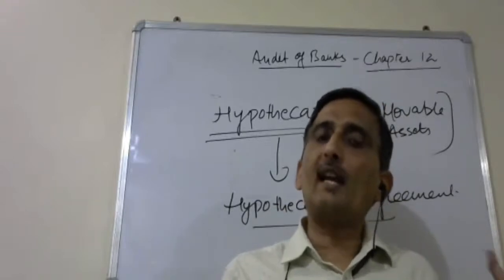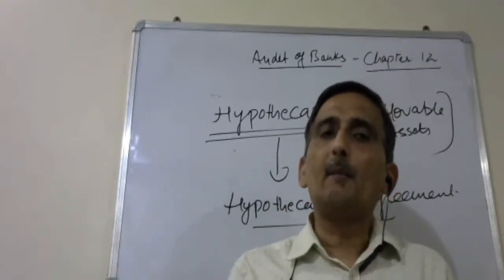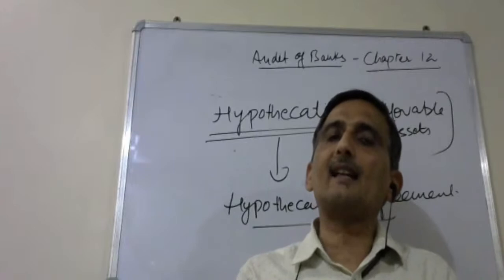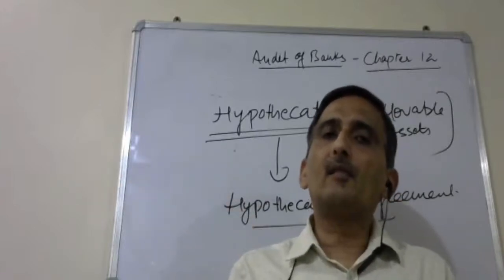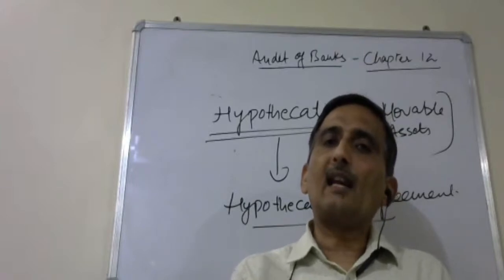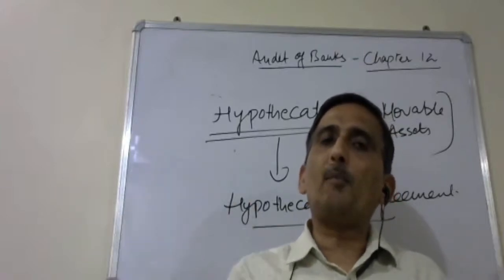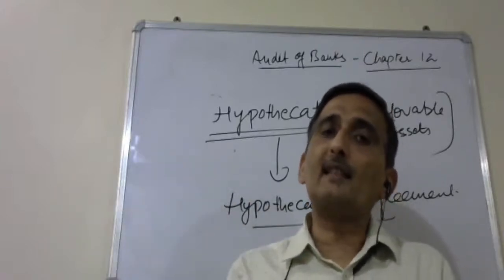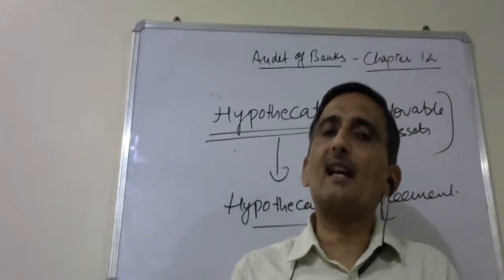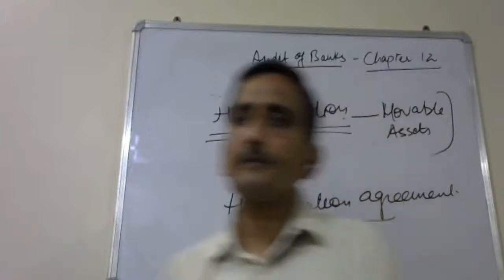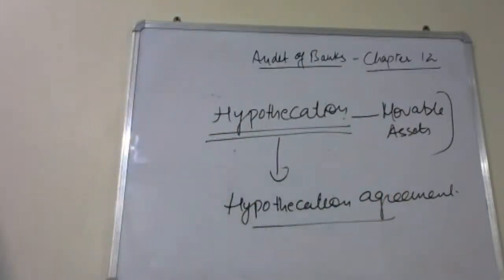In case of mortgage, the borrower cannot sell the property because the original title deeds are with the bank, and he cannot take a loan against the same property from some other lender. Is that clear?